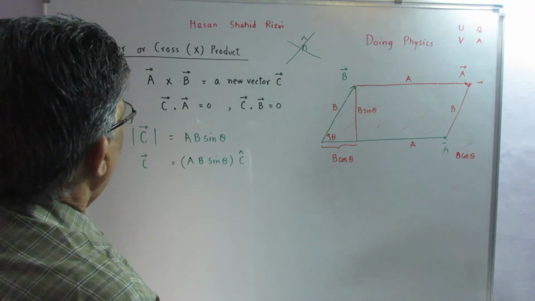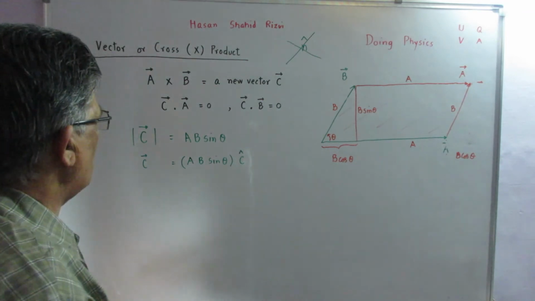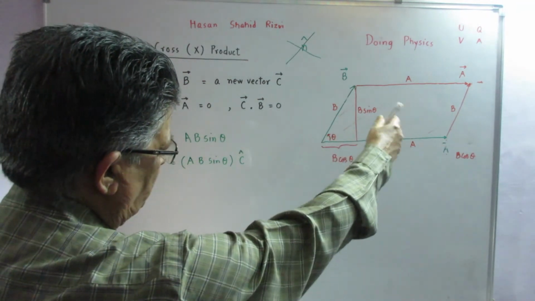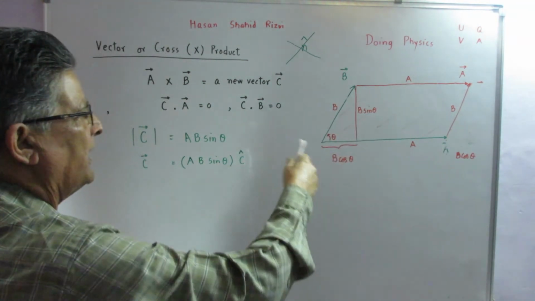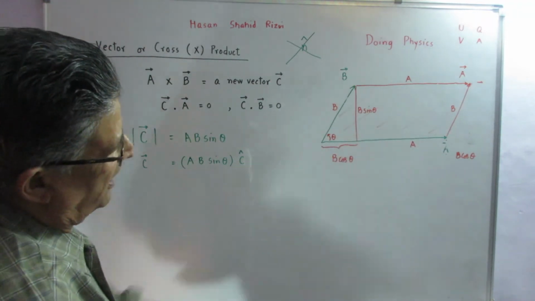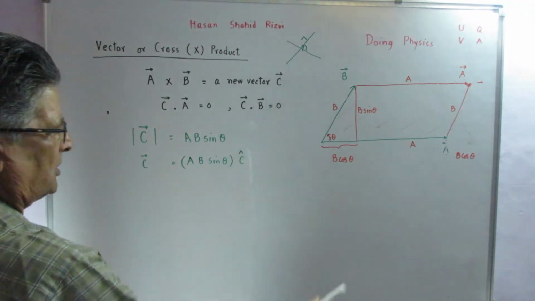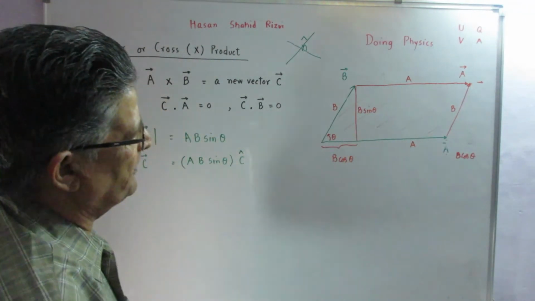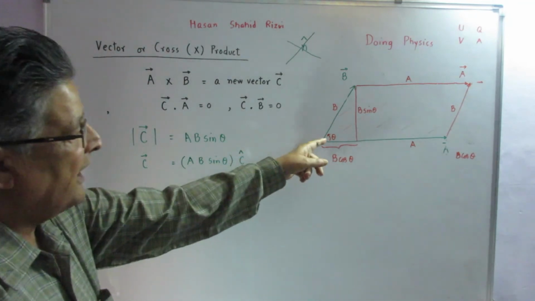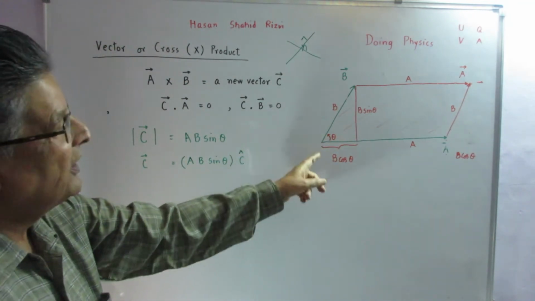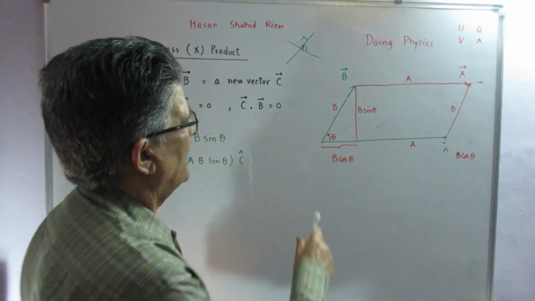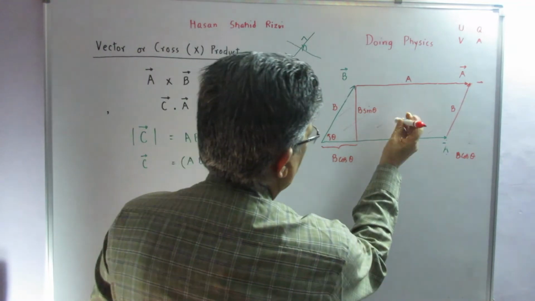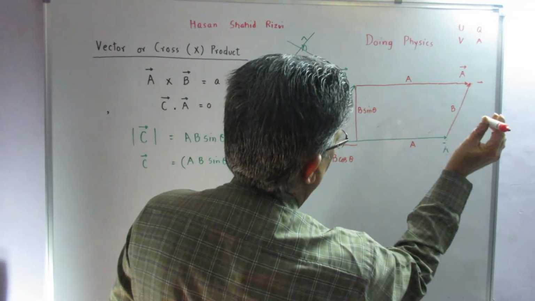Okay, but there is something very interesting: the area of the parallelogram which is made by these two vectors A and B in the plane in which they exist, and the units that are the product of the units of A and B, is obtained like this. And in this case, where the angle theta is an acute angle, the direction will be like this.